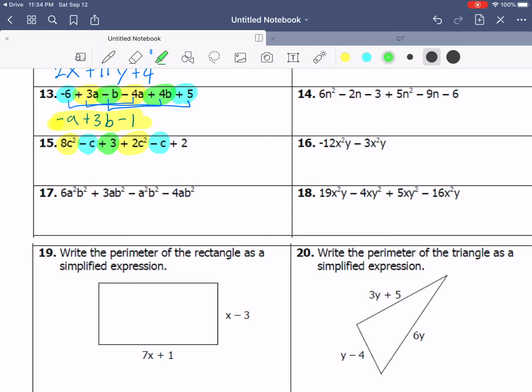And we have 3 and 2, both positive. So let's combine them now. 8c squared plus 2c squared. 8 plus 2, it is 10c squared. Be careful, we are not adding this exponent, okay? We are not adding it.